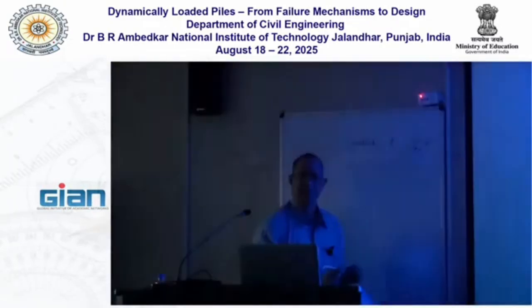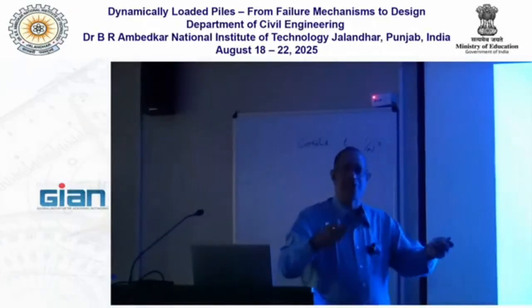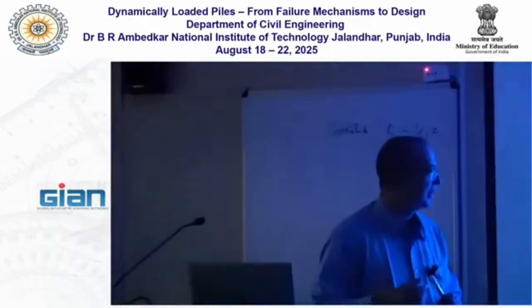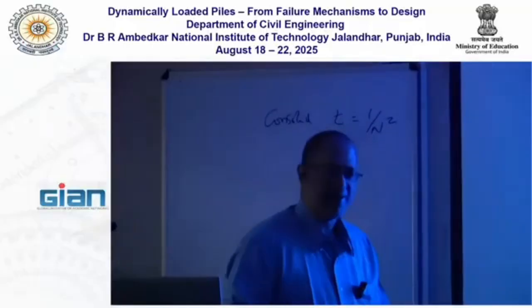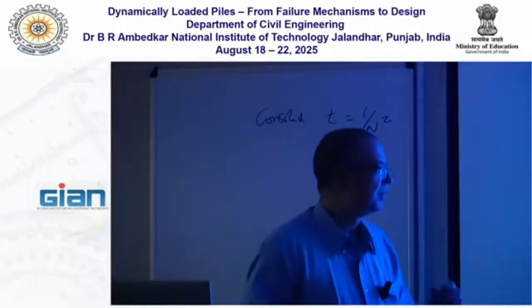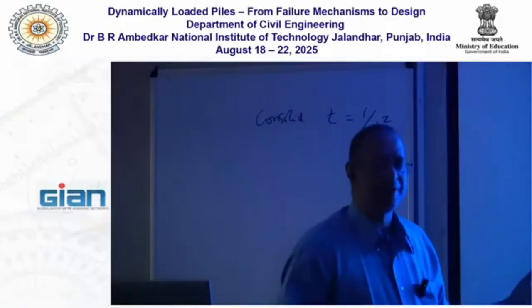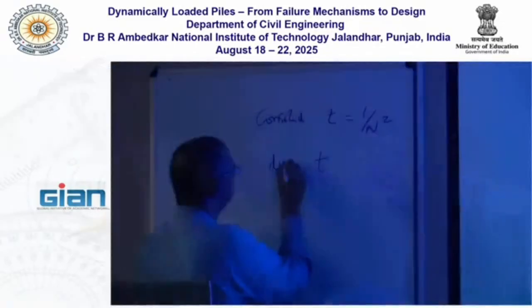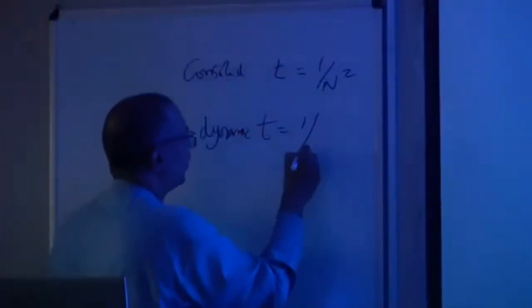Remember, I was saying it is like a time machine, and we can model something that will happen in 10 years by running the centrifuge for 9 hours. But we just said that for dynamic events, the time is 1 over n.